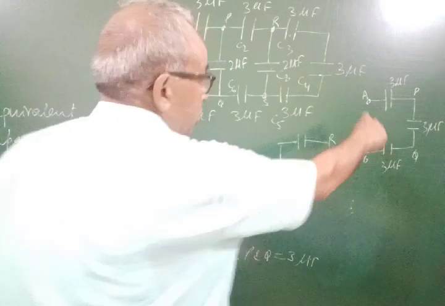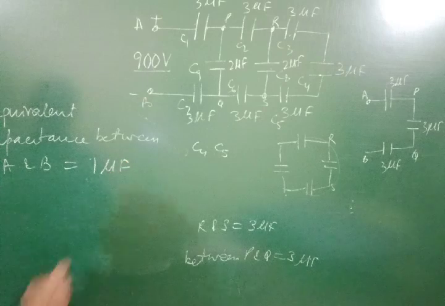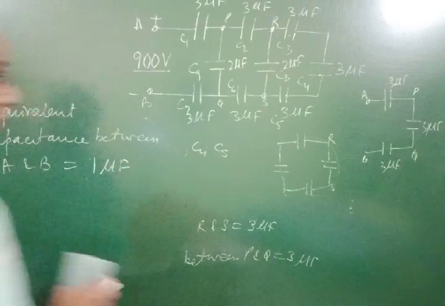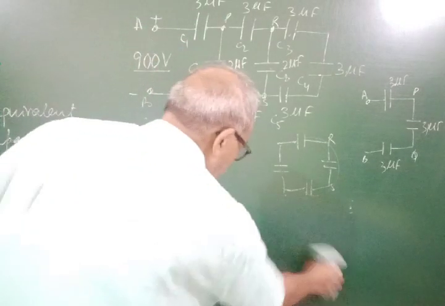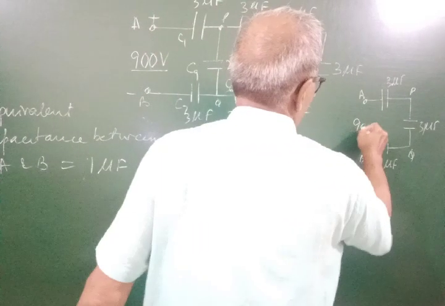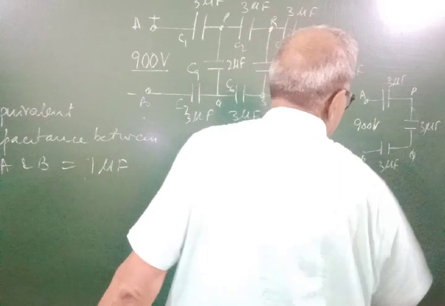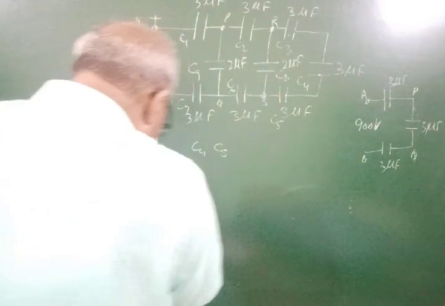By 3 3 3 तो 1 होगा ना, 1 microfarad. Now in series charge on each capacitor equal to charge on their equivalent. अब तो 900 वोल्ट सप्लाई यहाँ है, so they are in series and their equivalent is 1.